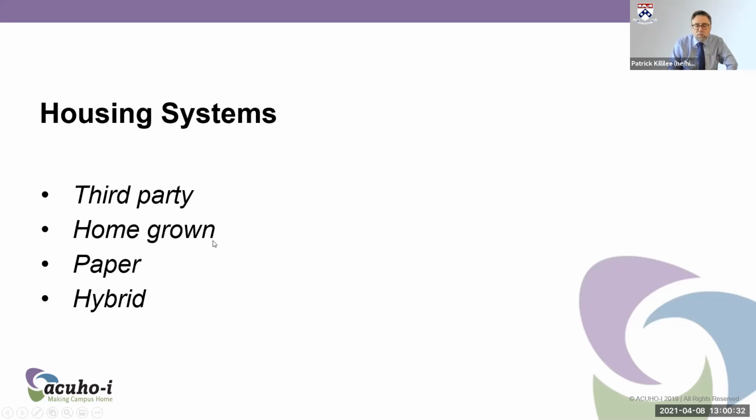A homegrown system is going to be very specific to your needs, which is great, and that works really well. But if the person who built it leaves, then that can be a problem. Or if it's built on an old platform that isn't supported by your IT department anymore, then what happens?